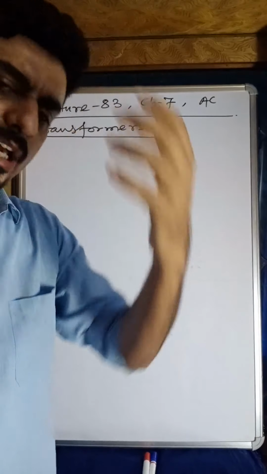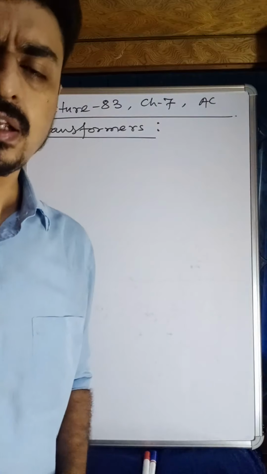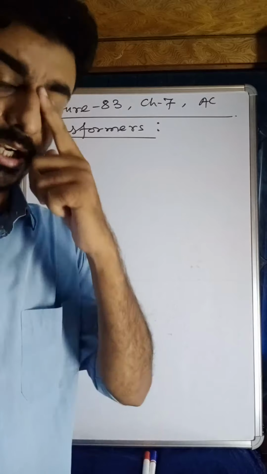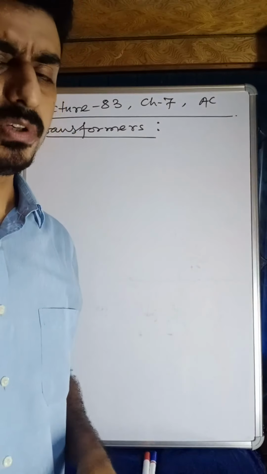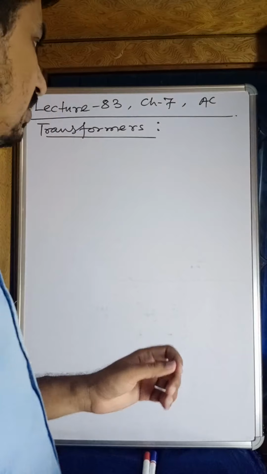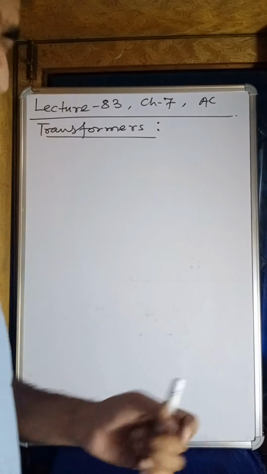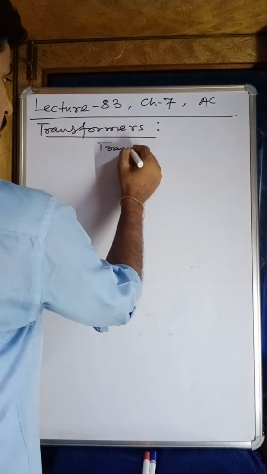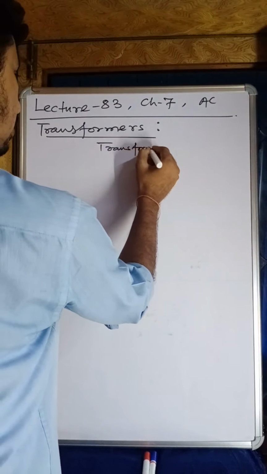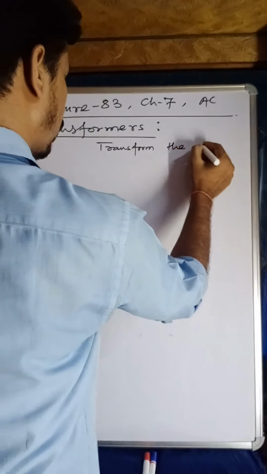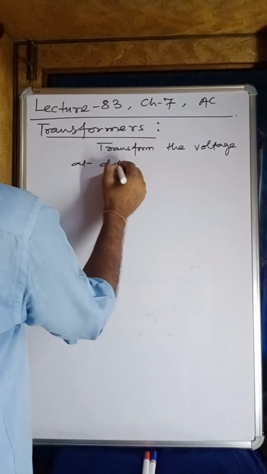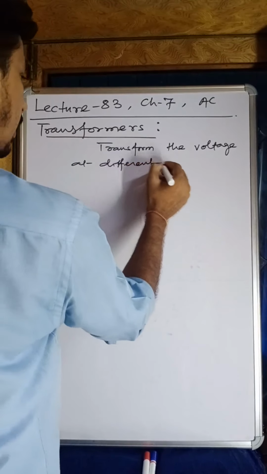At a power station, we use a transformer of one type, and in a household circuit we use a transformer of another type. All right, there are two types of transformer we will study, but the basic use of this transformer is to transform the voltage at different amplitude.